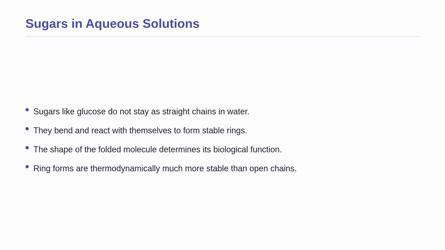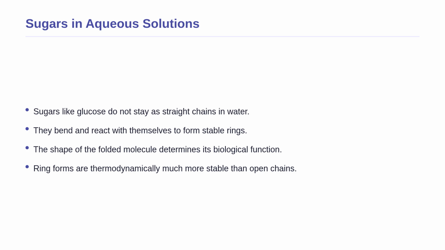To begin our journey, imagine a long, flexible snake that suddenly decides to bite its own tail to form a circle. In the world of biochemistry, sugar molecules like glucose and fructose do exactly the same thing when they are dissolved in water. Instead of staying as straight, rigid chains, these molecules bend around and react with themselves to form stable rings.